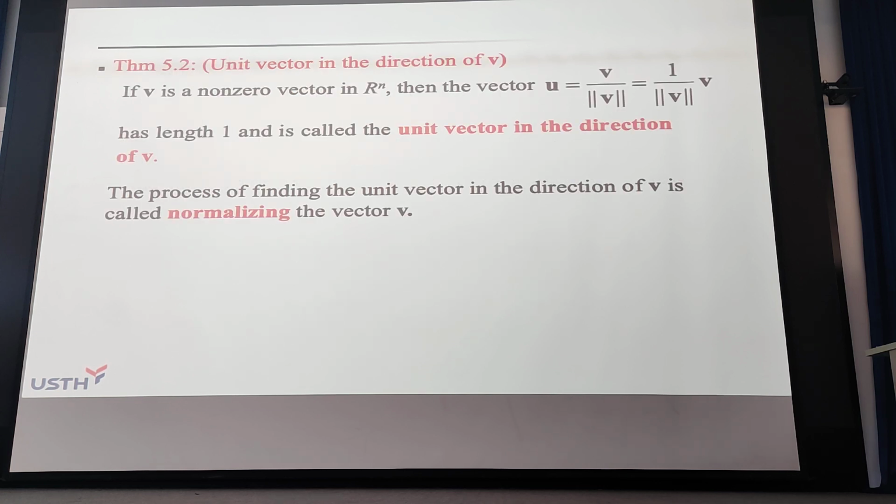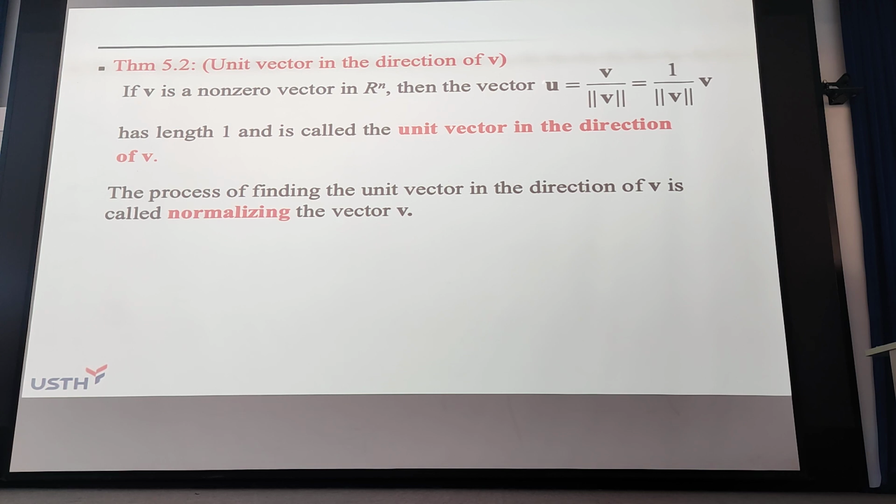And the next one explains what we call the normalizing of the vector v. In case v is a non-zero vector and its length is not yet 1, then we can divide the vector v by its length.